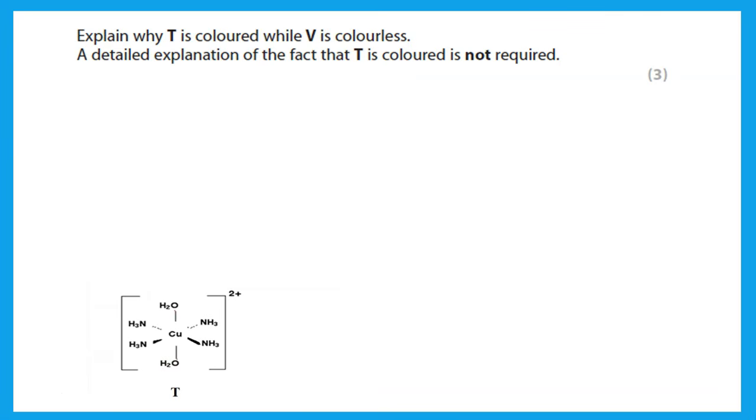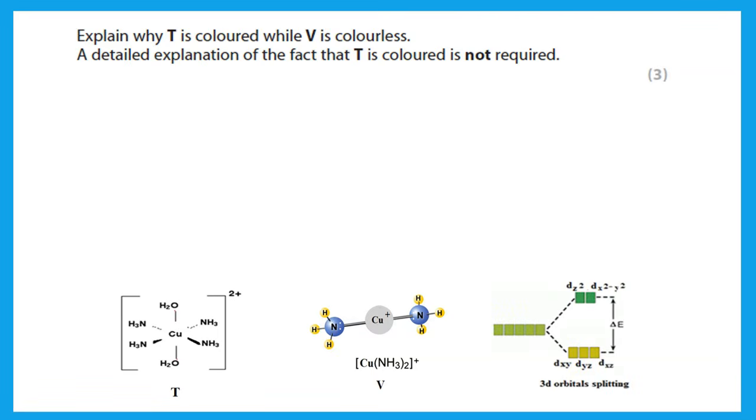Again, if he says explain why compound T, this was compound T in the question, is colored, while compound V, and we're told that V is colorless. Explain, we said again, in order to have a color, we must have incomplete d orbitals so that the ones in the lower orbitals can gain energy and jump to a higher energy level.